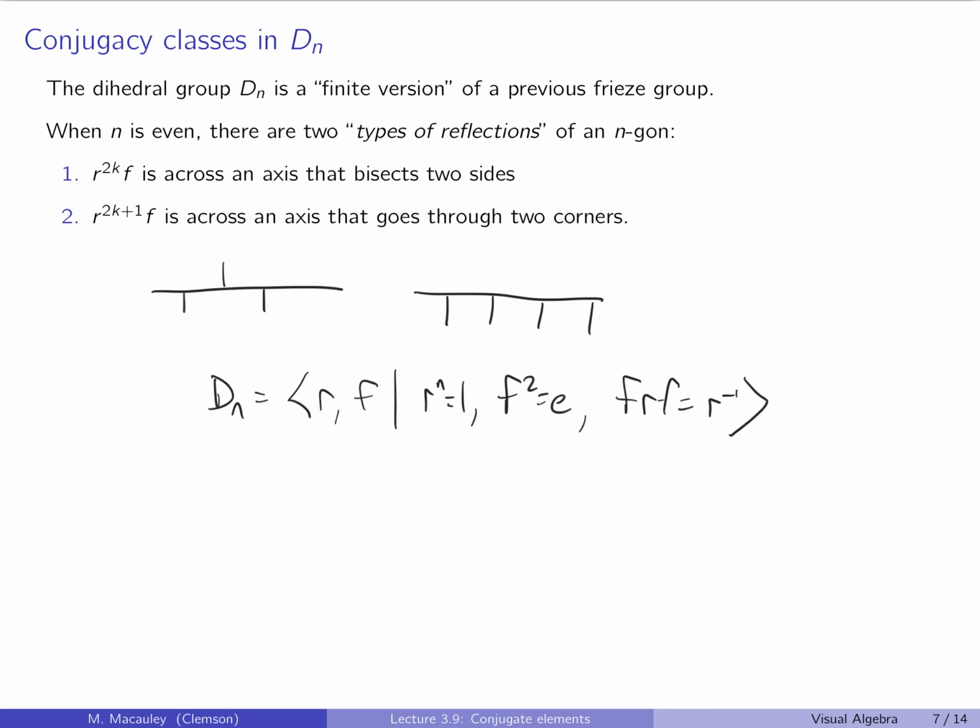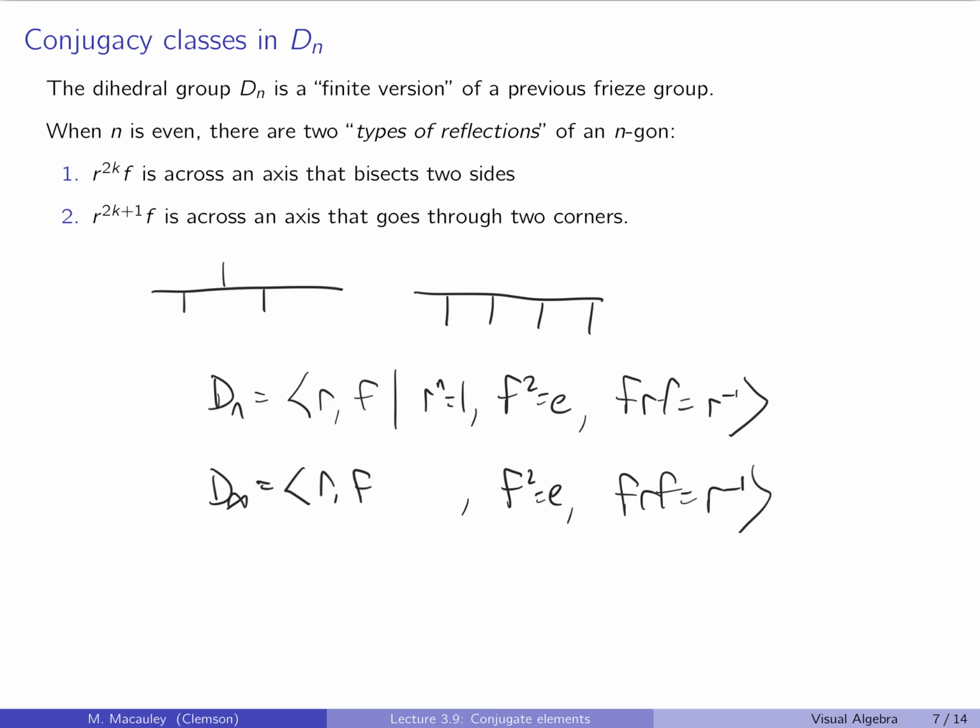Now the frieze group, D infinity, is the same thing, but we don't have r to the n equals 1. So we have f squared is the identity, and frf equals r to the minus 1. Recall that from chapter 1 and from chapter 2.